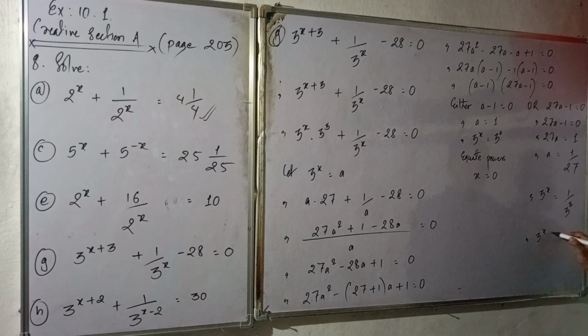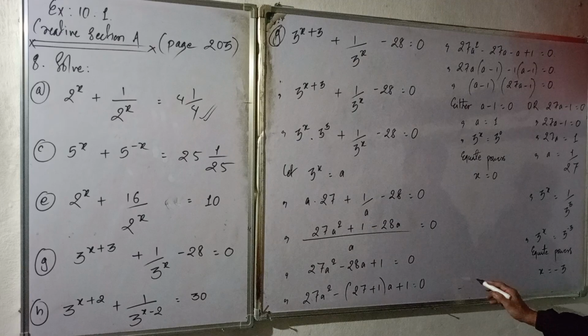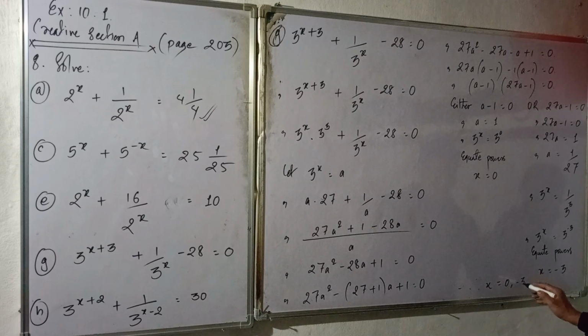So try to bring this in the numerator, the power will get a negative sign. So equate powers, you will get x equals minus 3. So there are two values for x, one is 0 and one is minus 3.